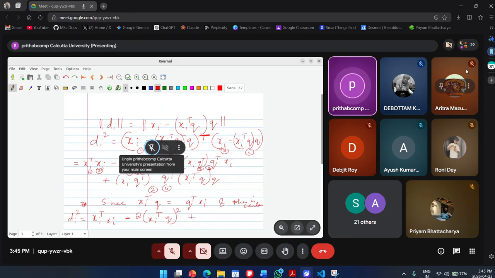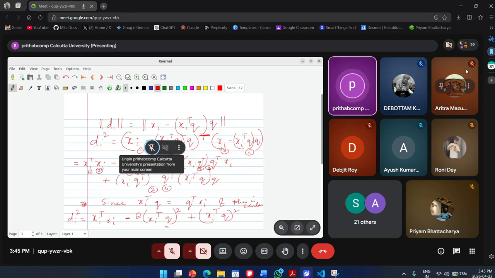Plus, the other thing is what? Here this term is again xi transpose q, and here again q transpose xi. And this q and q transpose are unit vectors, so when you multiply them, it becomes 1. So this part becomes xi transpose q the whole square.